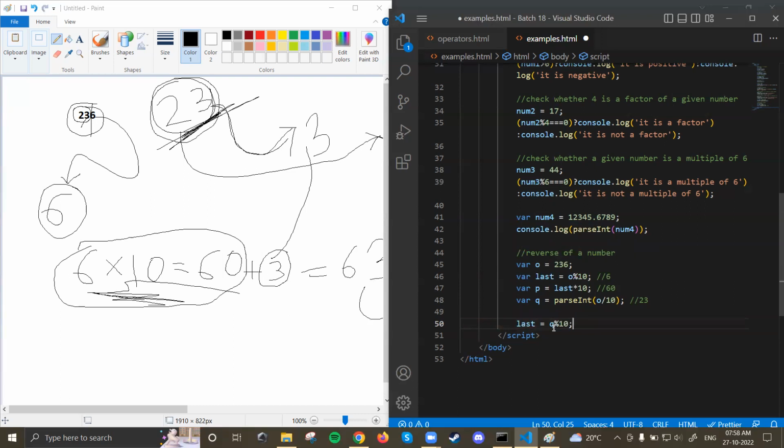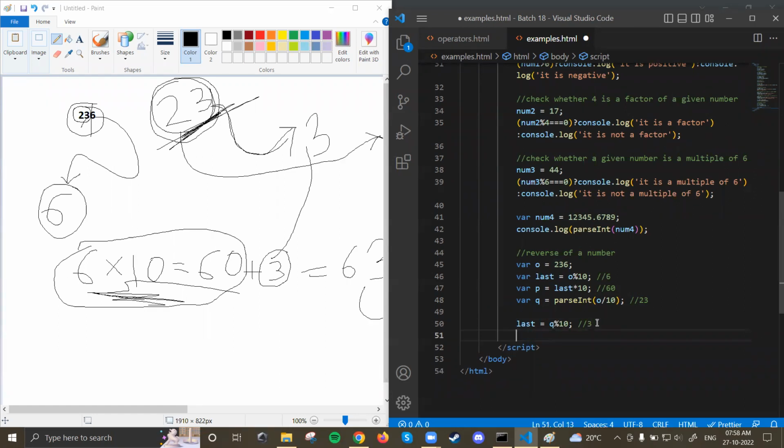When you write Q mod 10, what is the value of last now? Earlier it was 6. Now it is 3, isn't it? Because now Q is 23, so if we apply modulus 10 to 23, we'll get 3 here.